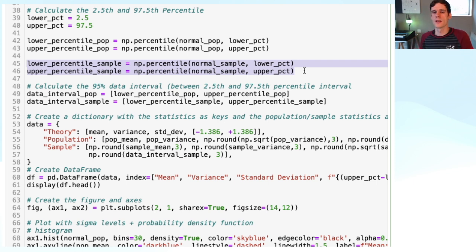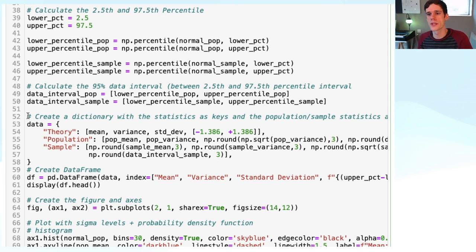And this gives us the 2.5th and the 97.5th percentile. These we then can use to make our data intervals. Namely, each data interval is just going from the lower percentile to the upper percentile. And this is how we very quickly computed the basic statistics, now including the data interval, for both population and sample.